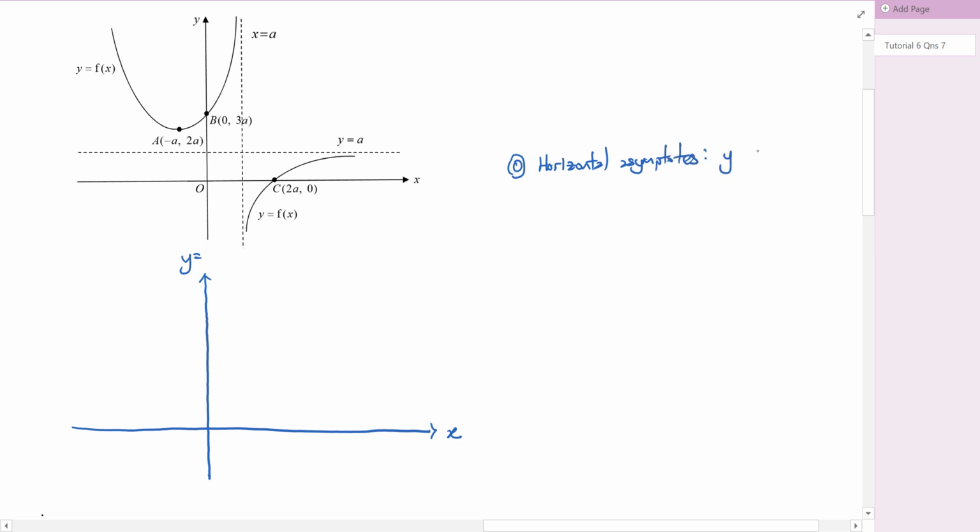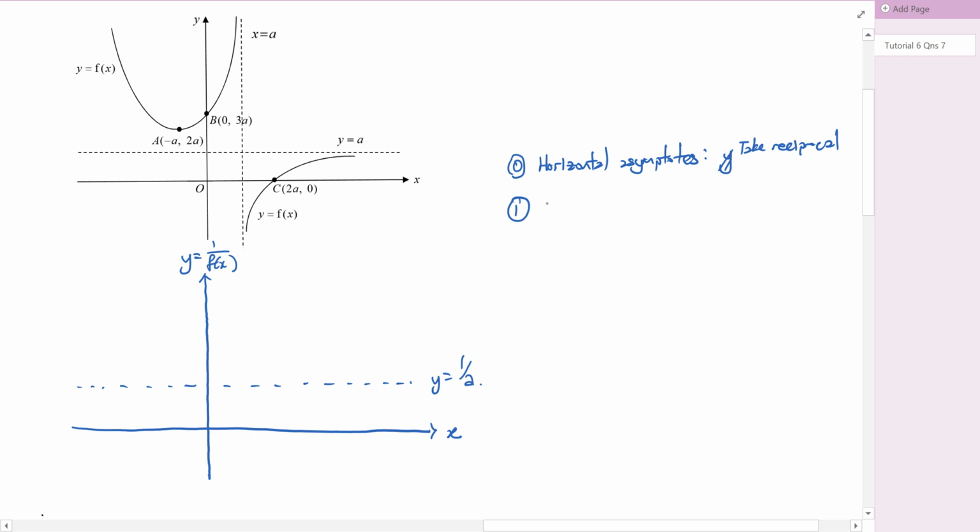So we are doing a reciprocal graph here: y equals a is converted to y equals 1 over a as the horizontal asymptote. So let's go to things proper.